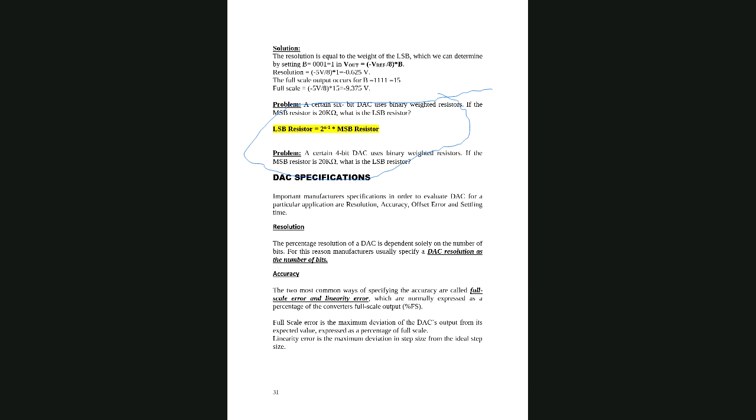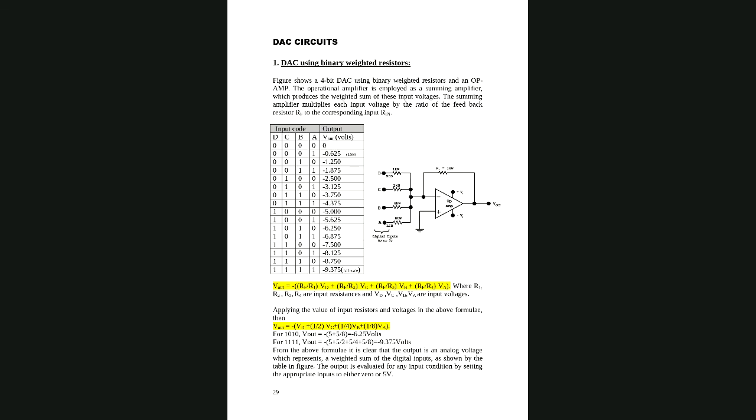This one gives you the relationship between the LSB resistor and the MSB resistor for our DAC using binary weighted. If you remember, we have discussed this one, right? This one is the MSB resistor, and this is the LSB resistor.